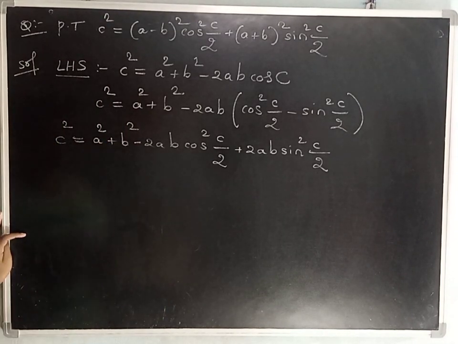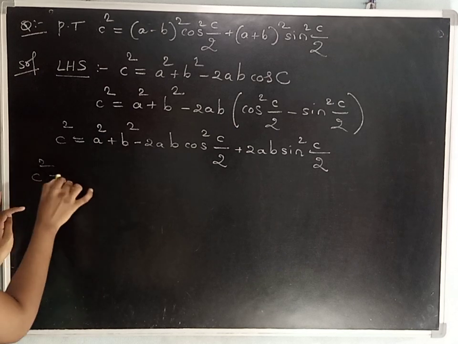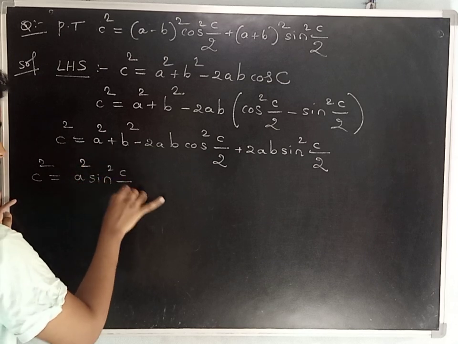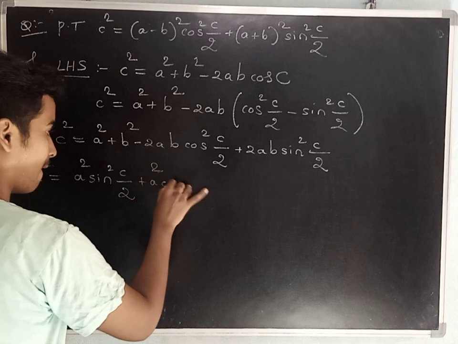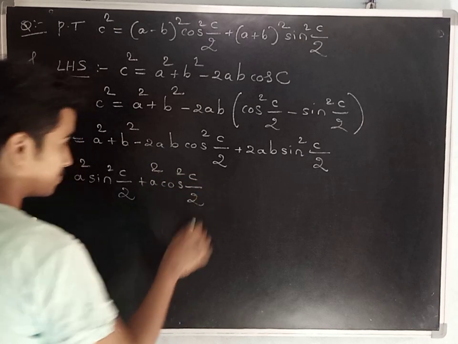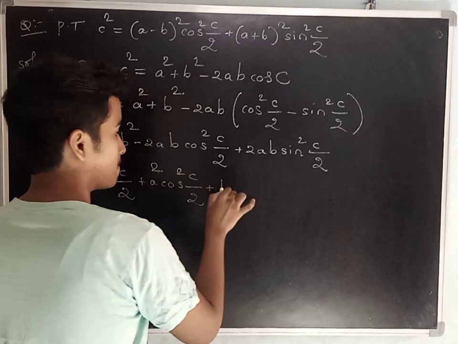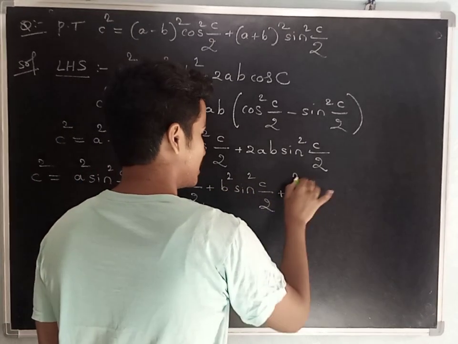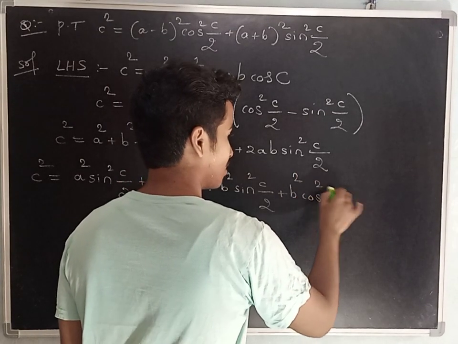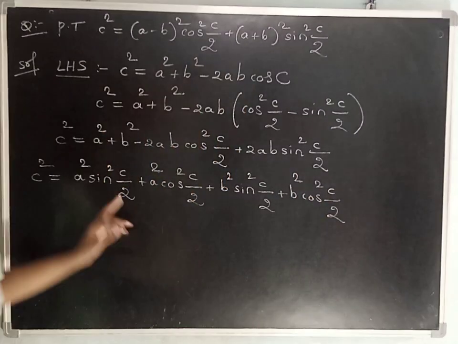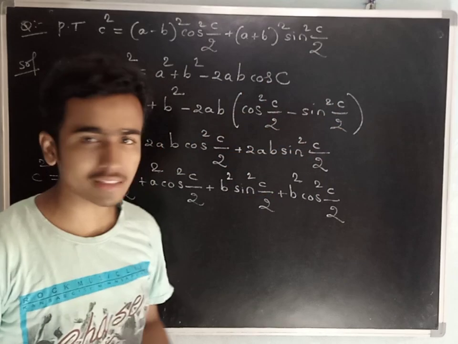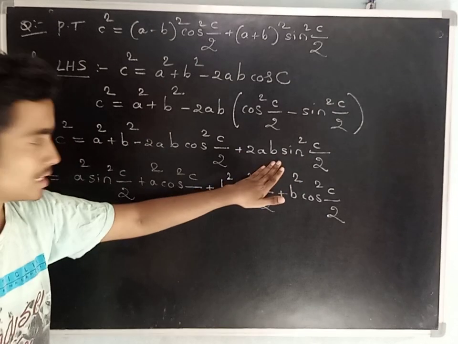For a square plus b square, a square can be written as a square sin square C by 2 plus a square cos square C by 2, plus b square sin square C by 2 plus b square cos square C by 2, right? The cos C I have simplified as cos square C by 2 minus sin square C by 2. Further simplifying, I got this.